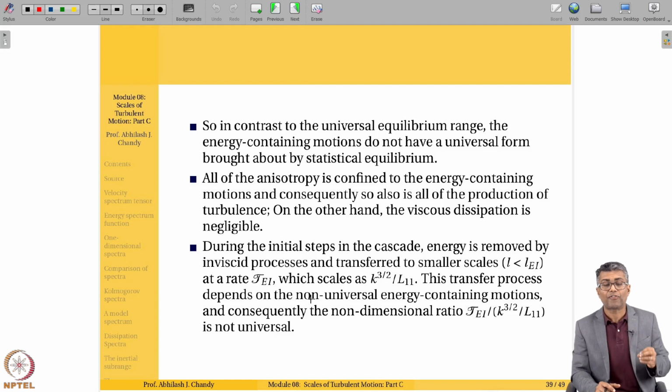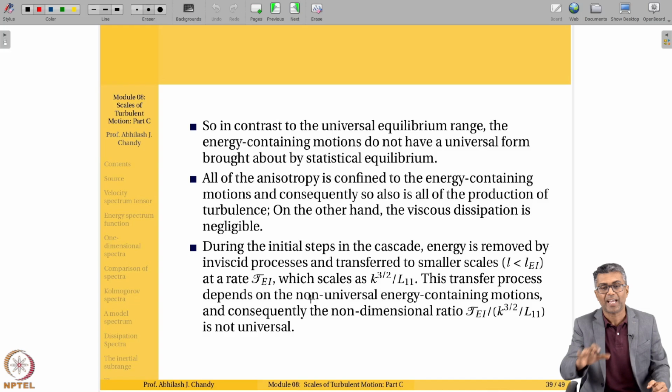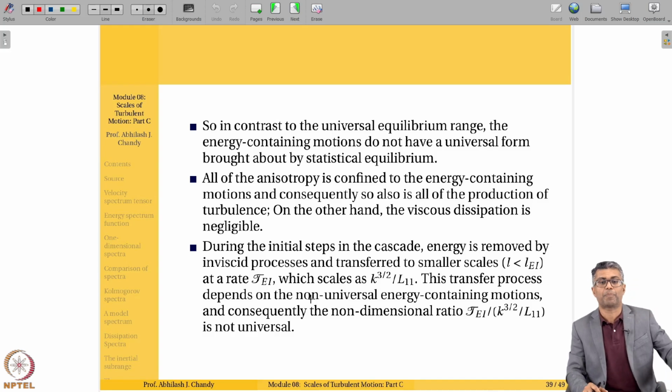They are all confined to this energy containing range because the universal equilibrium range does not have any such directional biases. It is isotropic. And here, the other point is all of the production happens in this range, the energy containing range. Production of what? Production of turbulence happens in this range. And also, finally, viscous dissipation is negligible in this range as well.